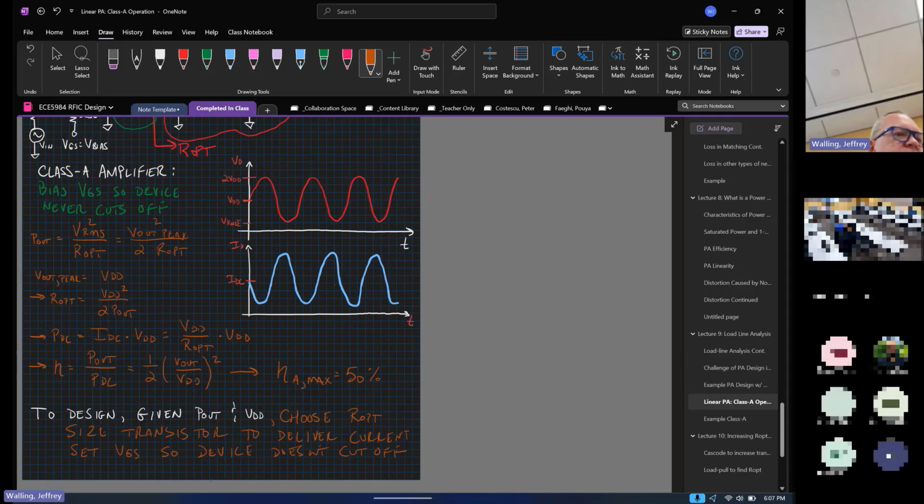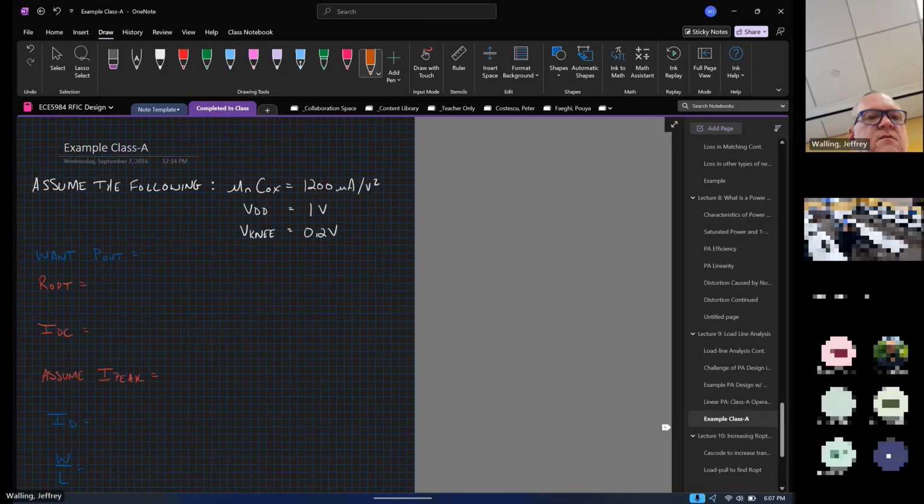All right, so an example class A amplifier. We're going to assume for the time being that the mobility of the devices that we're looking at is around 1200 microamps per volt squared. Is the mobility of these devices 1200 microamps per volt squared?